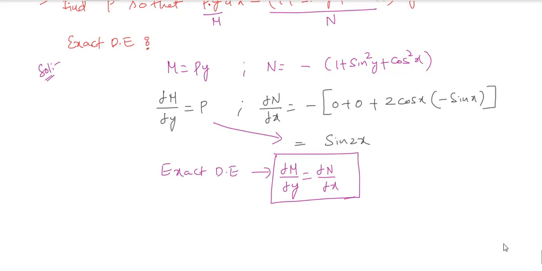Hence the value of p: dou M by dou y is p, dou N by dou x is sin 2x. So p is equivalent to sin 2x. Clear? Understood or not? That is how you have to solve it.